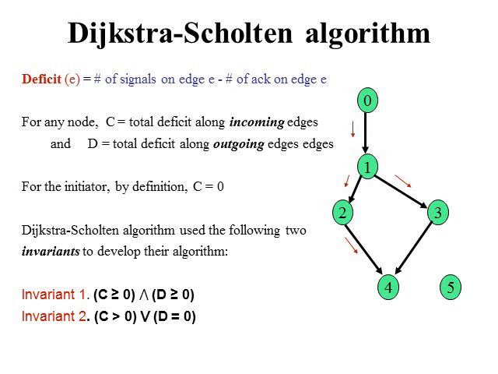The second invariant says that C is greater than 0 or D is equal to 0. So the second invariant simply means that C is greater than 0, that is, the deficit along incoming edges is greater than 0. Unless messages are received along the incoming edges, they won't be sent along the outgoing edges, so they both mean the same thing.